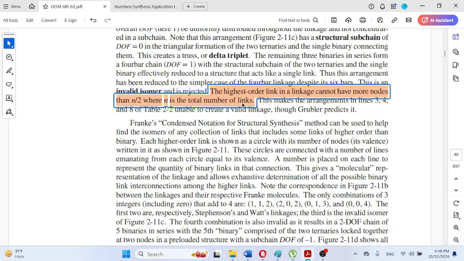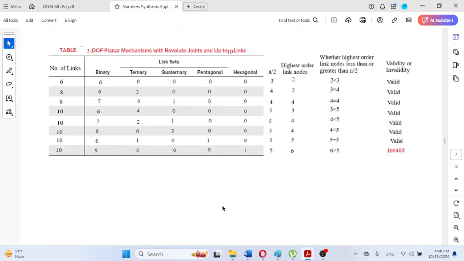So according to this statement, the linkage validity has been tested.